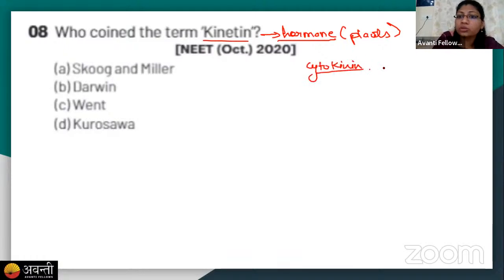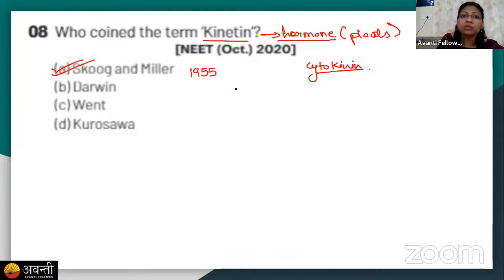In the plant growth regulator chapter, we have seen the kinetin term was given by Skoog and Miller in 1955.